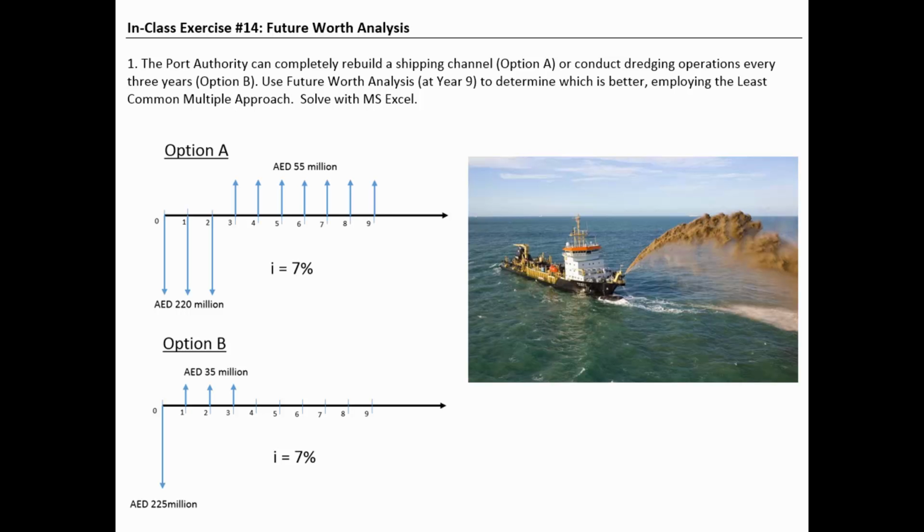Likewise, the contract service approach isn't an option for option B to make it longer. So we can't do those two. What's our only other choice for trying to make them the same number of years? LCM, or the repeatability. So when you solve this using Excel, you're going to have to use the repeatability assumption to make both of the cash flow diagrams 9 years, and then take everything to year 9, using the FV function.